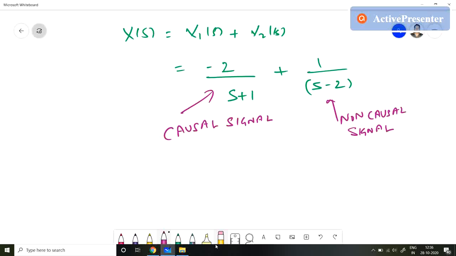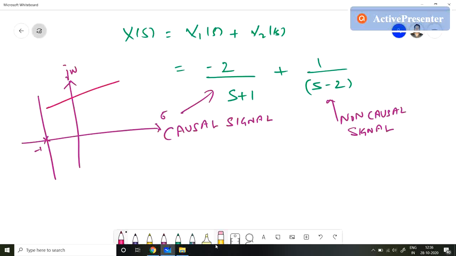Then if it is a causal signal, the ROC is, this is sigma, this is j omega, real part of s greater than minus 1. So this is minus 1.